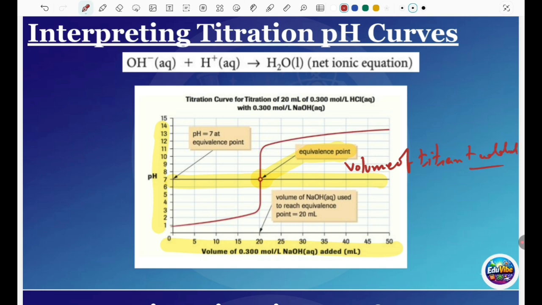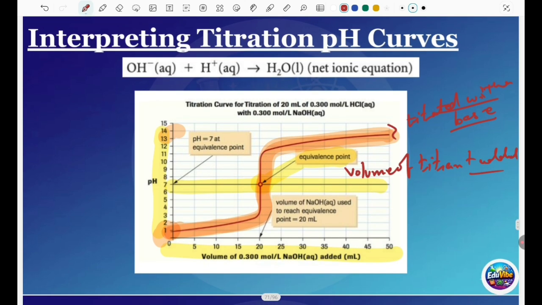The graph looks like the letter S. It goes from the strong acid, titrated with the base. We will have a base now, so it is titrated with the base. That's why the graph looks like that.